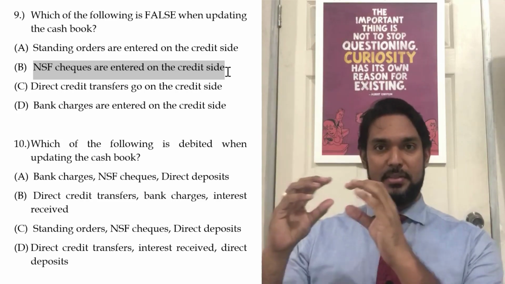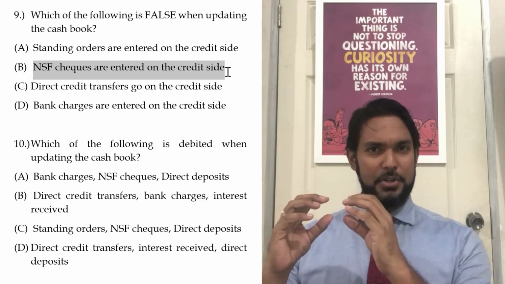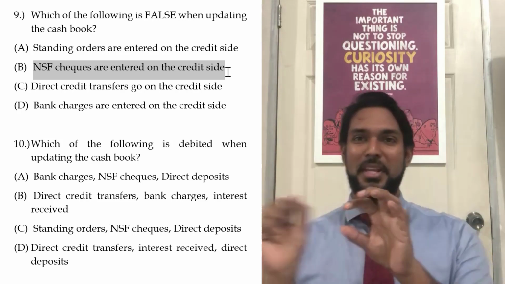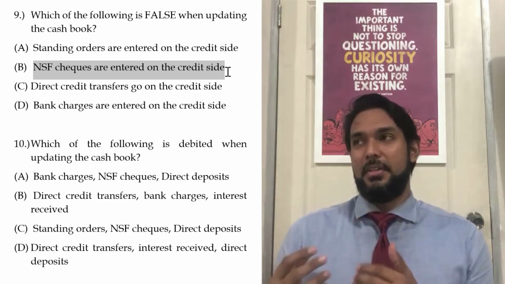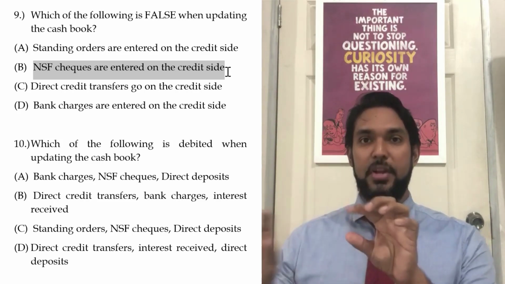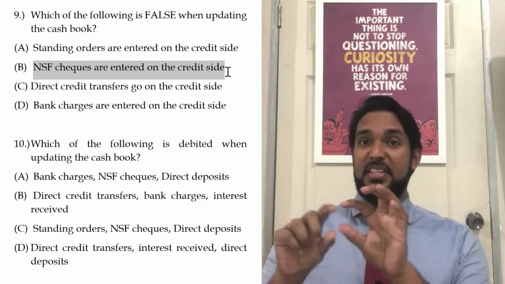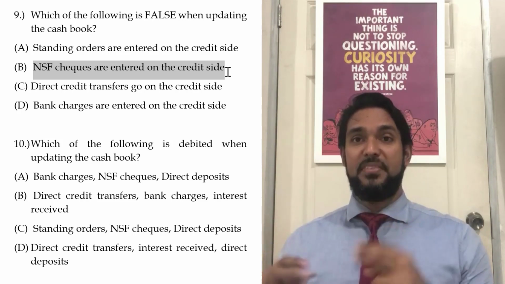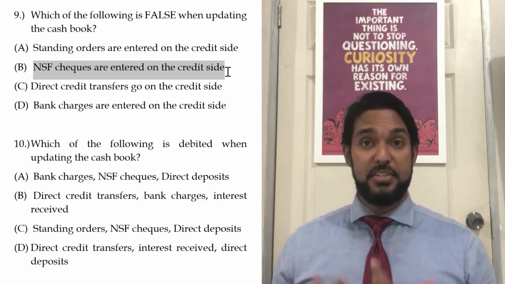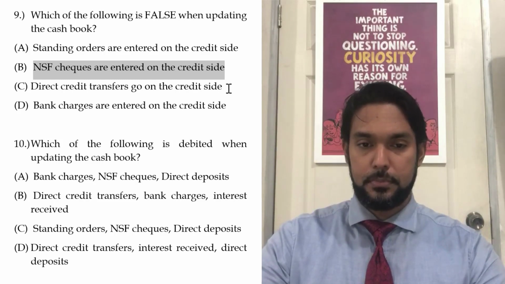So that debit that we would have in the account would not actually be valid. We can't really go and erase it. I know in this day and age of technology, we can maybe just delete it, but we need to show every transaction as it happens and keep it there. So if we have a debit that is there, but we have to negate it, we have to go on the opposite side of the T account, which requires a credit. So this actually is true, it's not false.